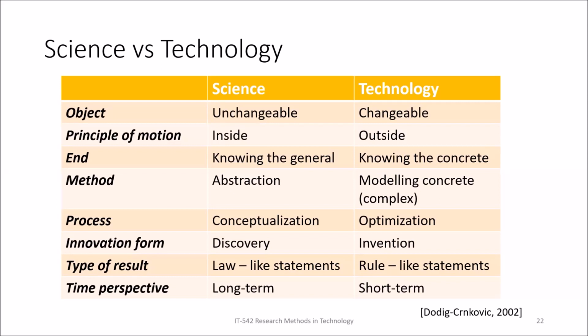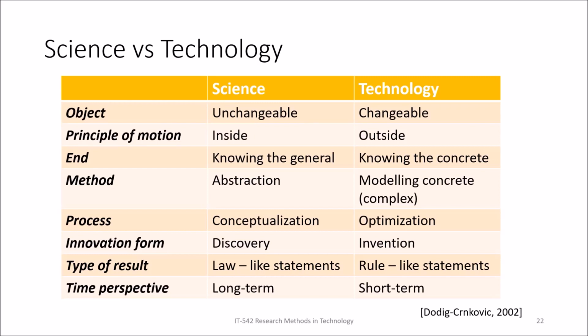The innovation form in science is discovery. See, once the laws are fixed, right? New things can only be created by discovery. The word discovery itself has a very big meaning. Discovery means if you are creating something innovative, with no previous background work on that, it is a discovery.